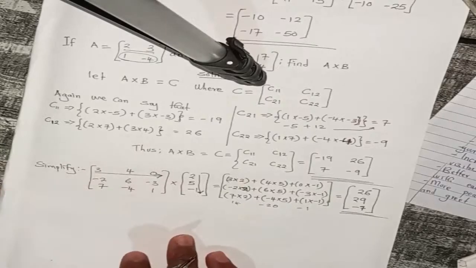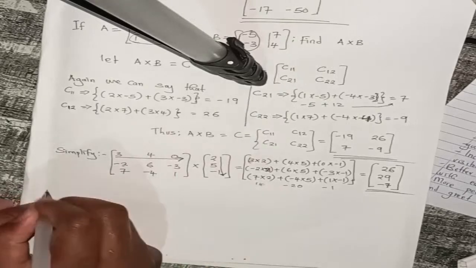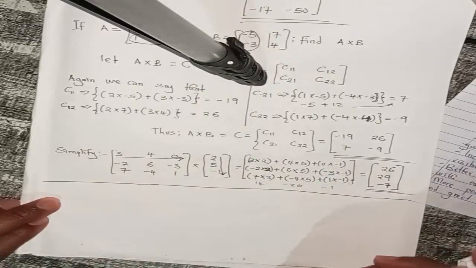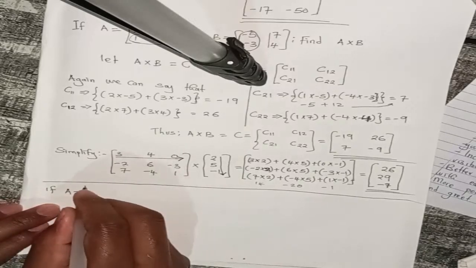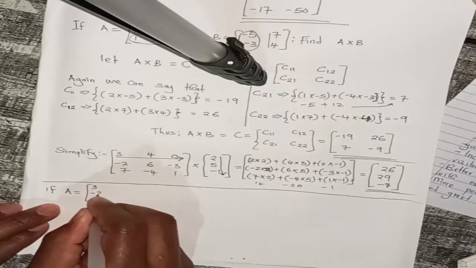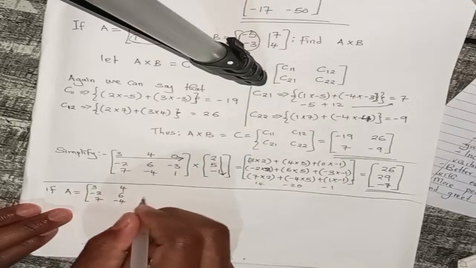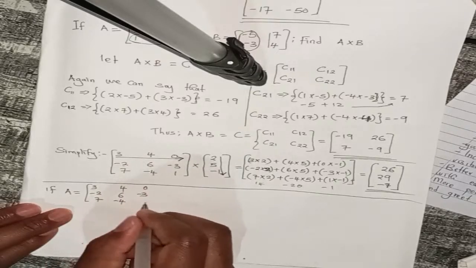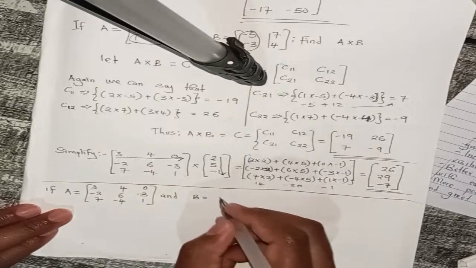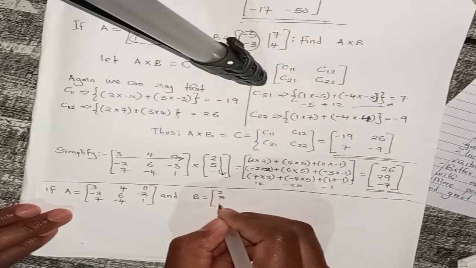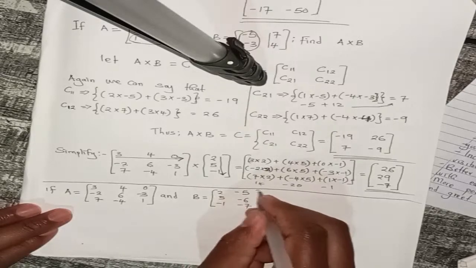Now, what if, let's draw a line here to avoid confusion. What if we have matrix A equivalent to 3, -2, 7, then 4, 6, -4, 0, -3, 1, and matrix B is equivalent to 2, 5, -1, -5, -6, -7.